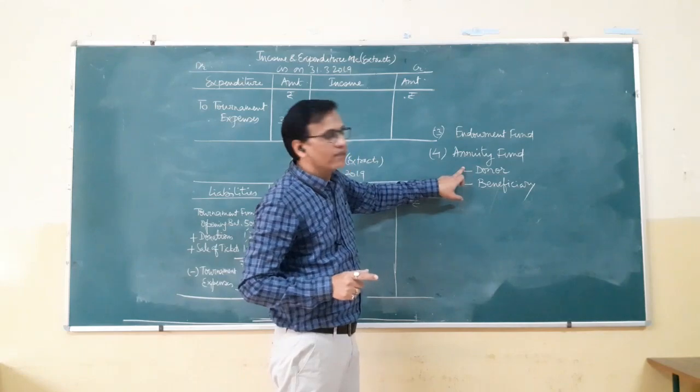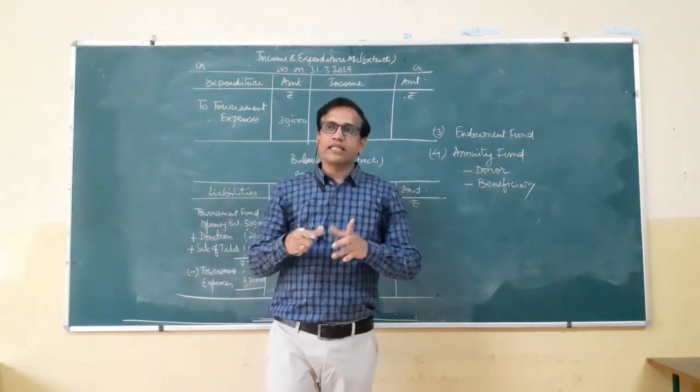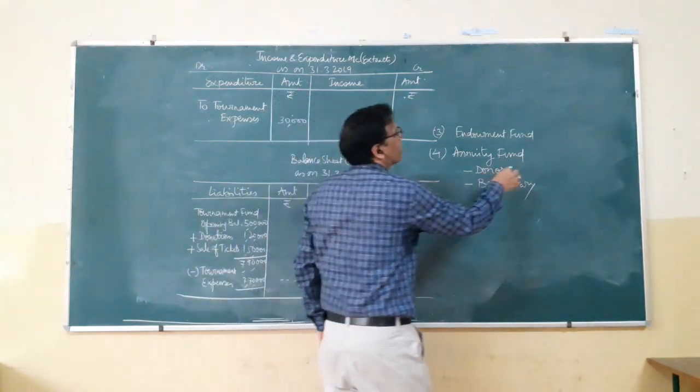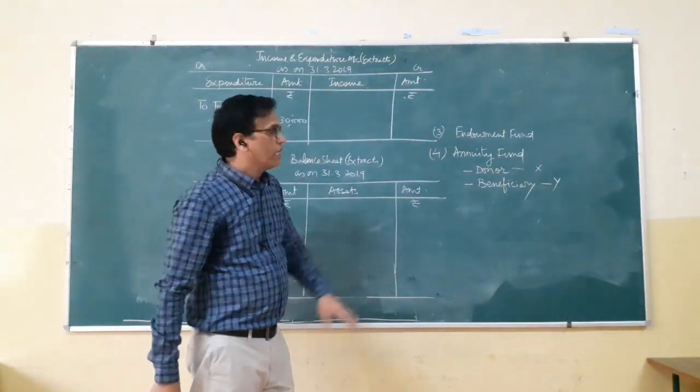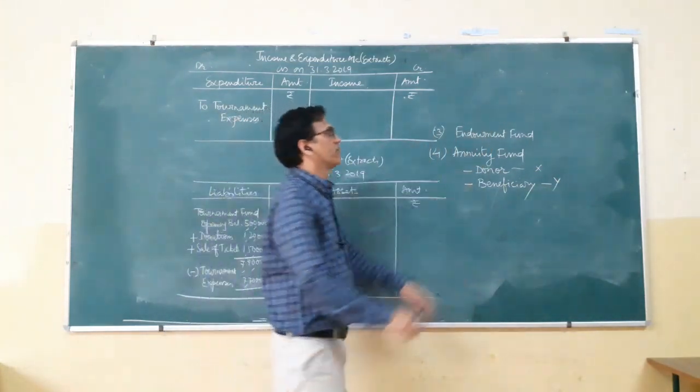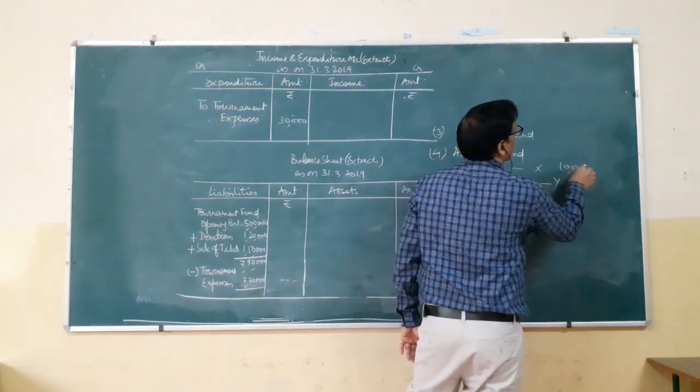When? After his death. Say there is a person X, donor, and donor's wife Y. Donor X gives 10 lakh rupees to an NPO.